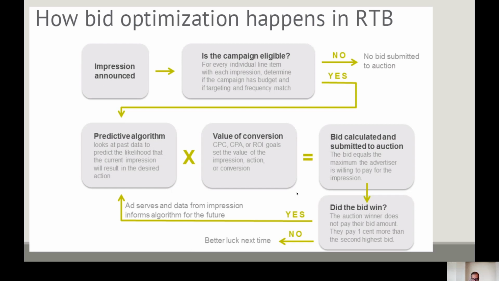And so if the bid won, then the advertiser gets to show their ads to this particular user. And whatever happened as a result of this bidding, that information is further stored in the database of the advertiser to therefore further improve the algorithm that they are using, right? So this is how the bid is decided in real time in an ad exchange.